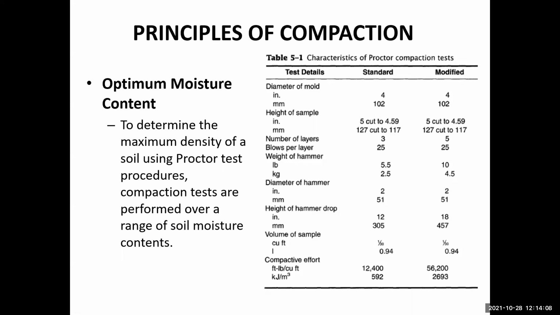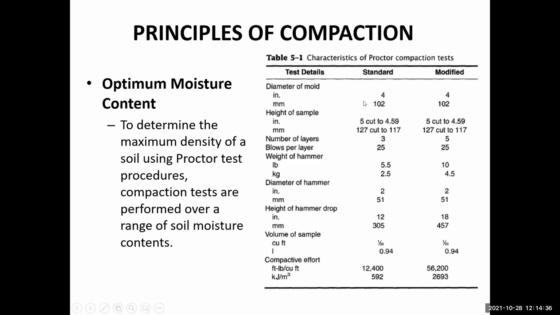We talked about the testing of the soil. If we want to determine the amount of compaction, we have to simulate that compaction in the laboratory setting. For that simulation, we perform tests which are called Proctor tests. There are two types of Proctor tests: the standard Proctor test and the modified Proctor test.